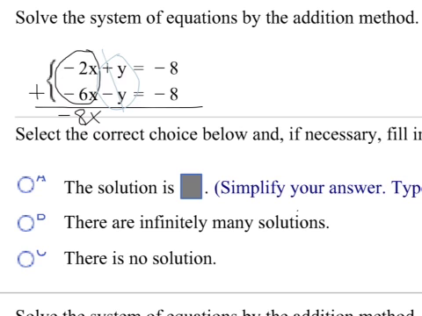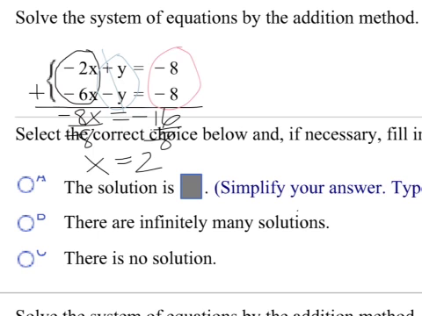Then if I add negative 8 plus negative 8, I'm going to get negative 16. So now I've eliminated a variable, and I can easily solve this equation, negative 8x equals negative 16. So I'll just divide both sides by negative 8. When I divide both sides by negative 8, the answer is x equals 2.